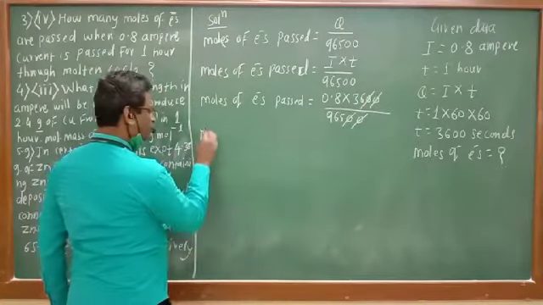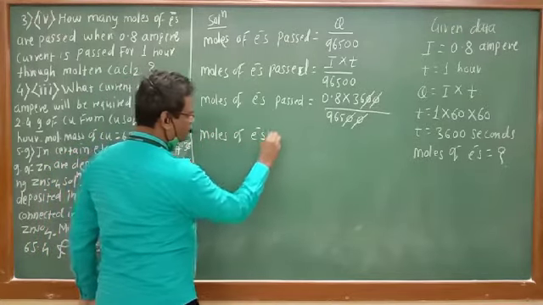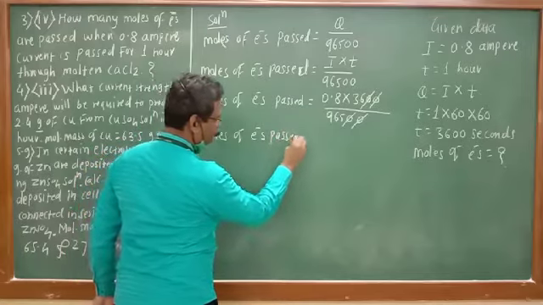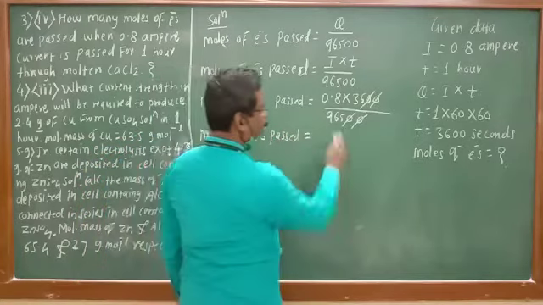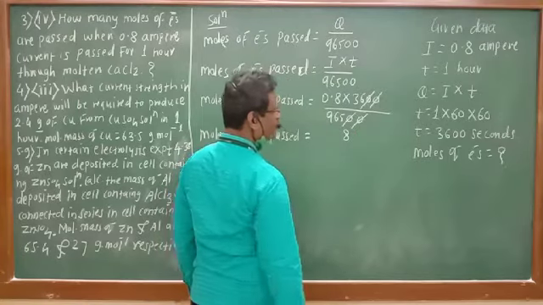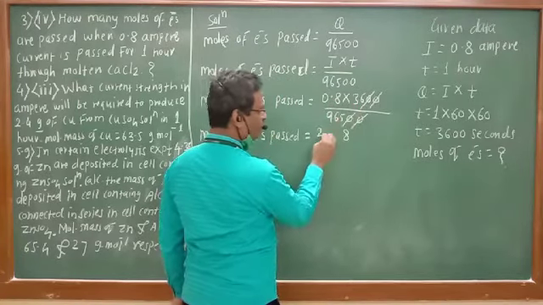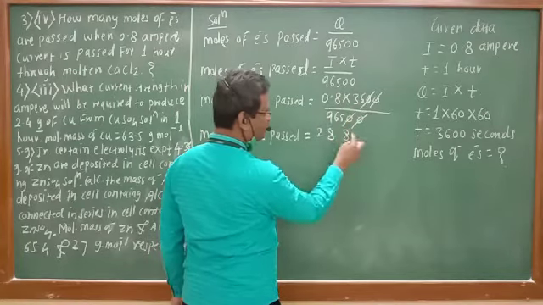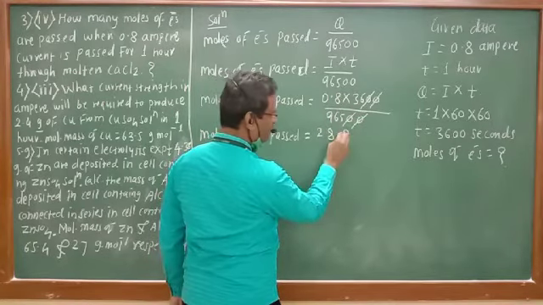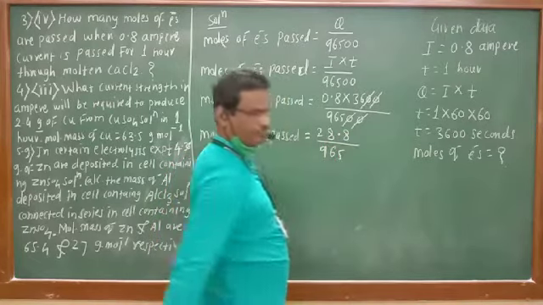Now solve this. Moles of electrons passed is equal to 8 times 6 is 48, 4 is carried, 8 times 3 is 24 plus 4, 28, so 28.8 divided by 965.